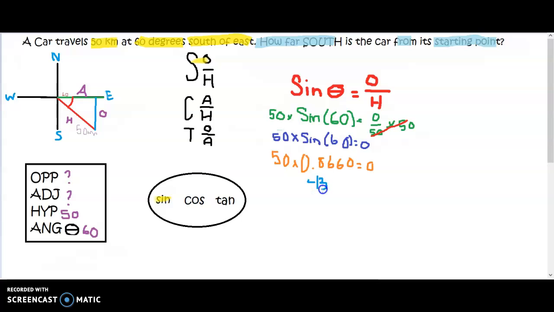I apologize. 43.3 equals O. So we know our opposite is 43.3. Let's put that into both parts of our equation here. We know our opposite now, but we still have to solve for the adjacent.